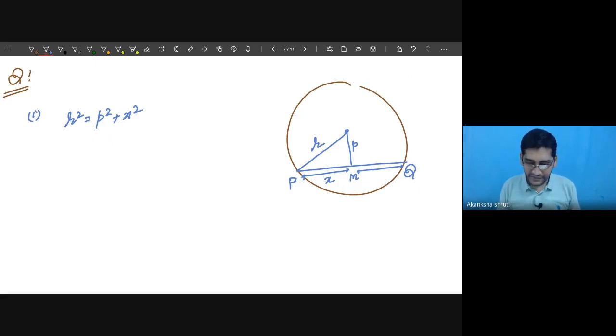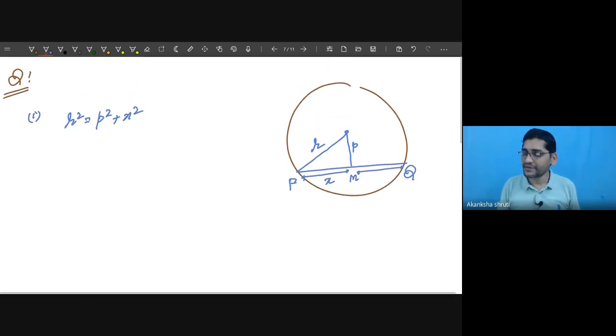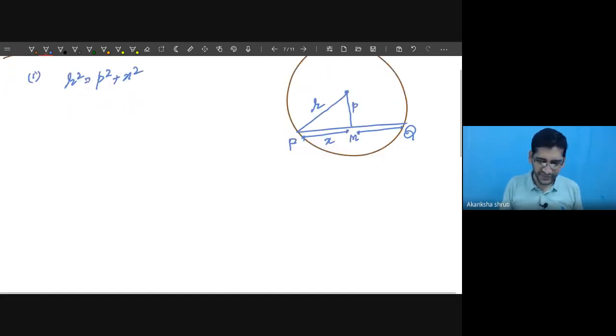Another thing, regarding the tangents, that we have written so many relations.